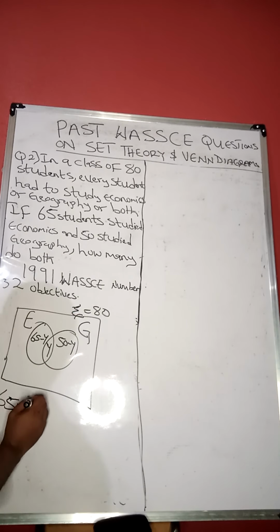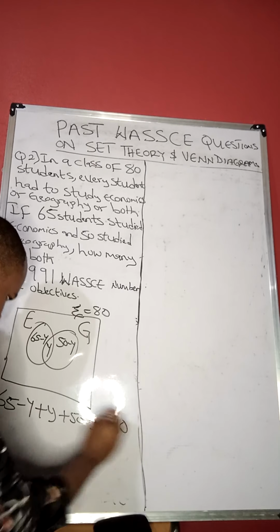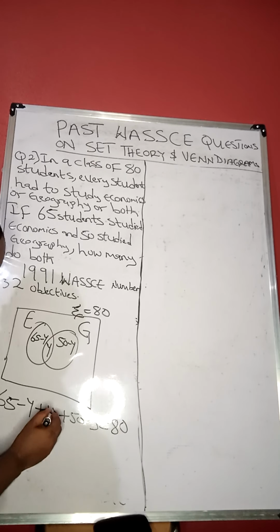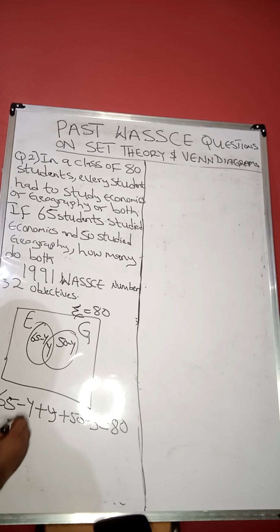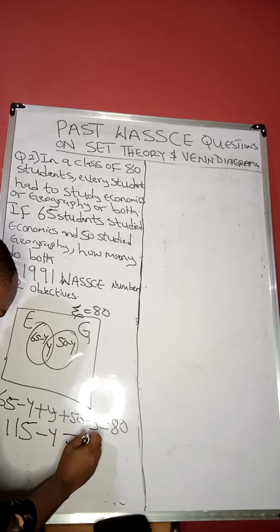So all I will be doing is 65 minus Y plus 50 minus Y to give me 80. Now let's take like terms. Minus Y plus Y will go, so I'm having 65 plus 50, which is 115, minus Y is equal to 80.